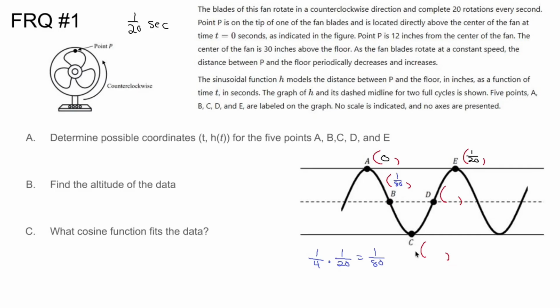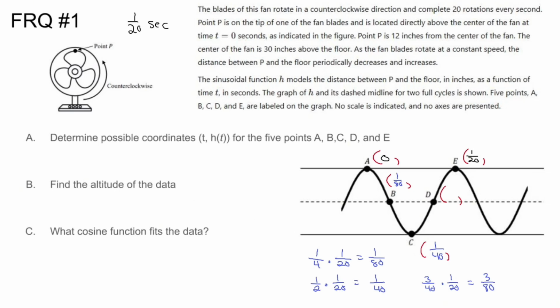C is halfway in between. So C is 1/2 of 1/20th of a second, which is going to be 1/40th of a second. Last but not least, D is 3/4 of its way to E. So 3/4 of 1/20th of a second is going to be 3/80ths of a second.